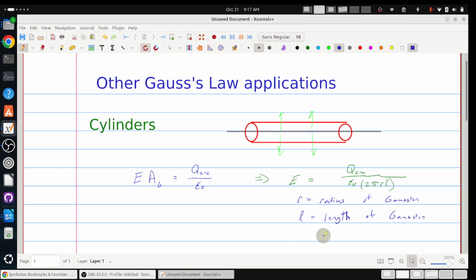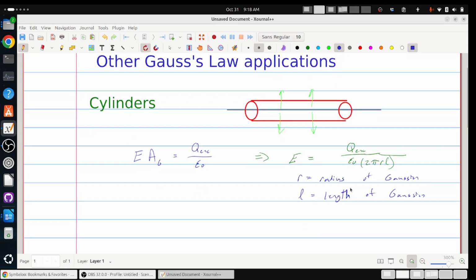So it's important here to keep straight what we're talking about, because our charge might be distributed radially with respect to the Gaussian at some cylindrical coordinate s.